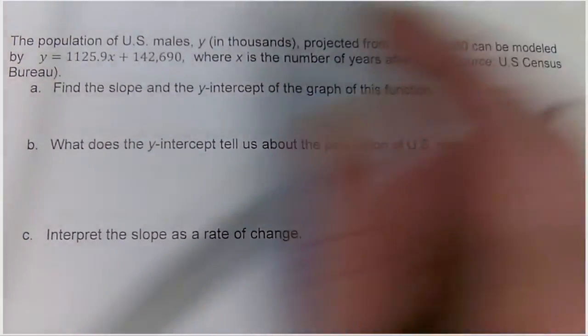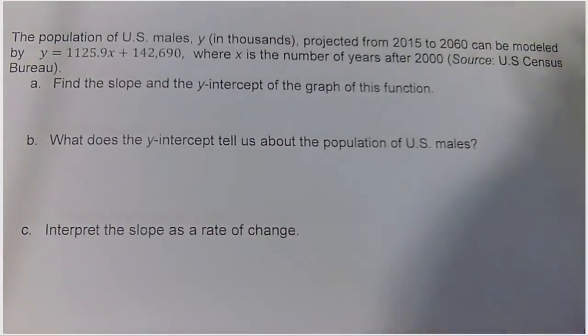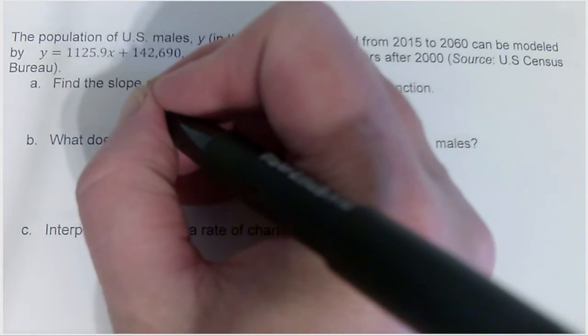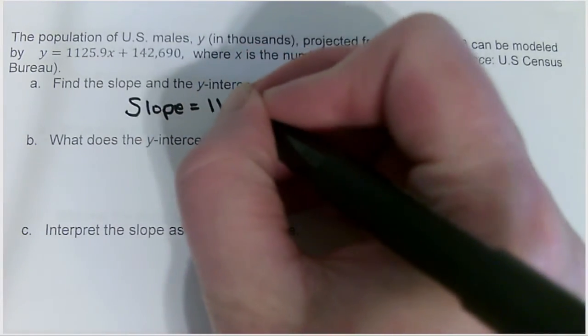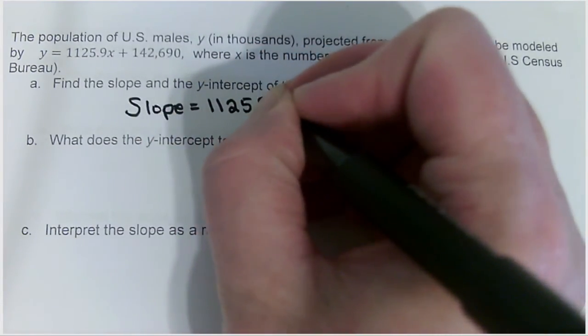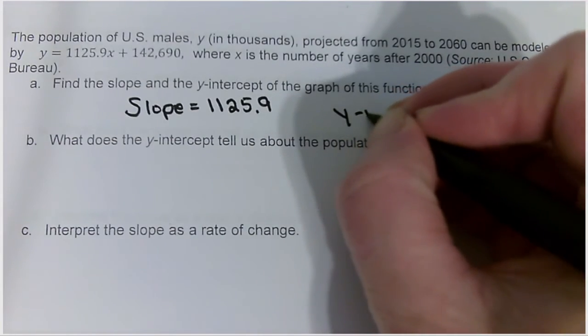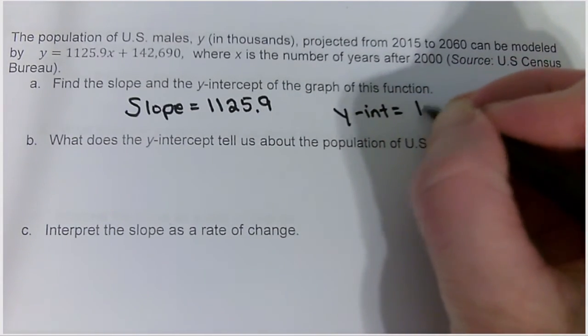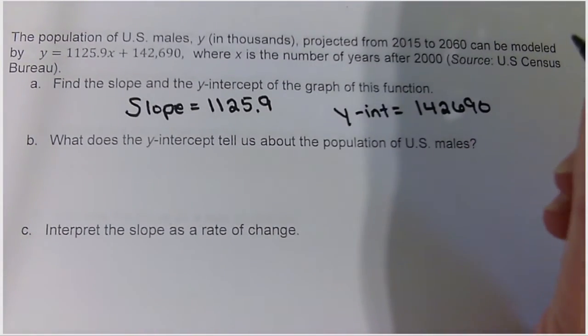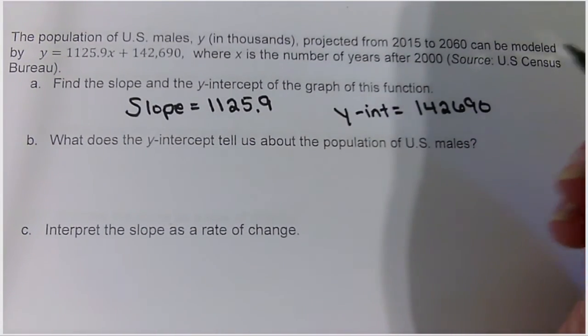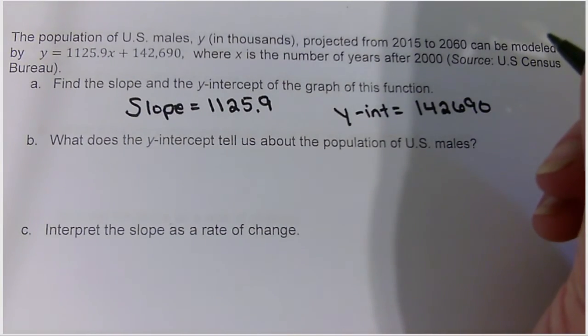So first off, we want to find the slope and the y-intercept. But then this question's asking us to actually interpret it. Like, what does it mean?